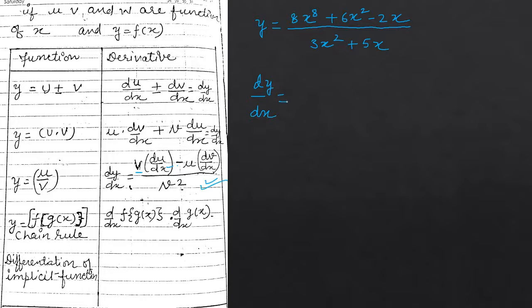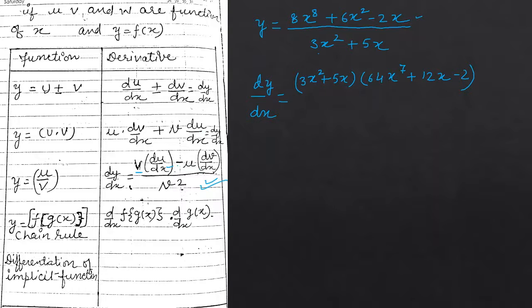So dy/dx will be, we will keep this term 3x² + 5x as it is. Now differentiation of this term will be 64x⁷ + 12x − 2.